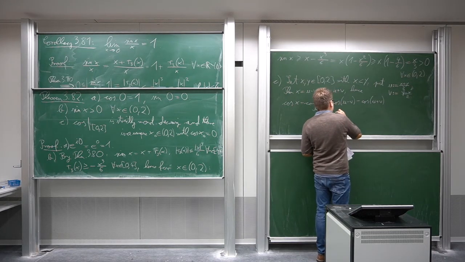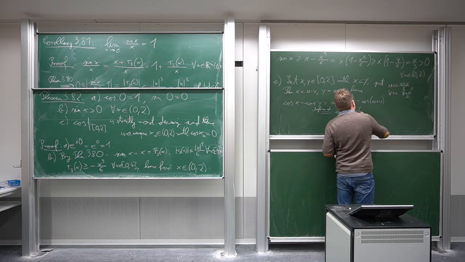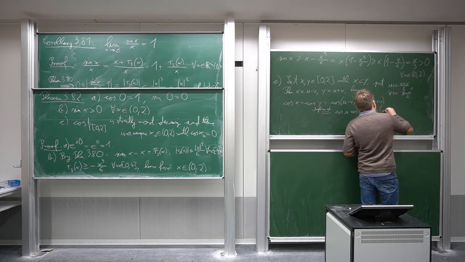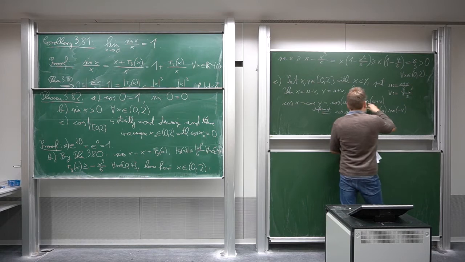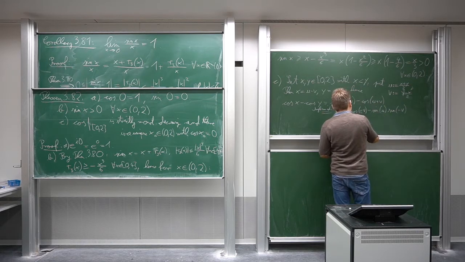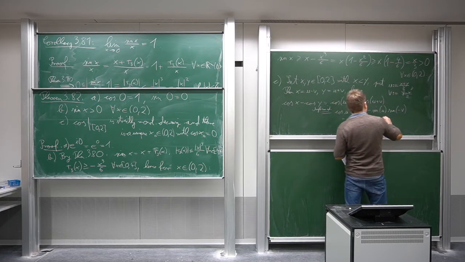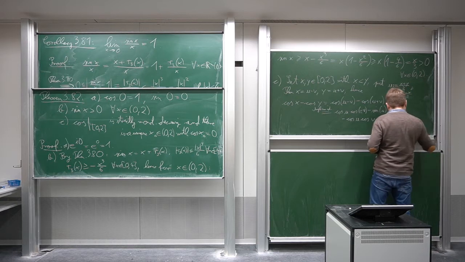This says that this is cos u times cosine of minus v minus sine of u sine of minus v. And the second summand is minus cosine of u cosine of v, and now we get a minus minus plus sine of u sine of v.